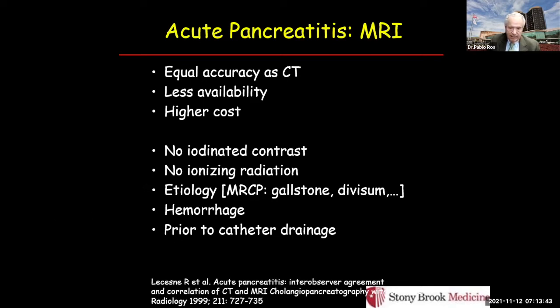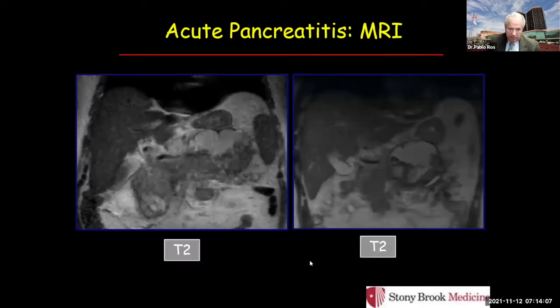And again, prior to catheter drainage, some people like to do an MR to make sure that there is no hemorrhage within it. The majority of severe pseudocysts are now drained by endoscopic ultrasound doing a pancreatic gastrostomy. Use of MRI is debatable. Use of CT is the modality of choice.